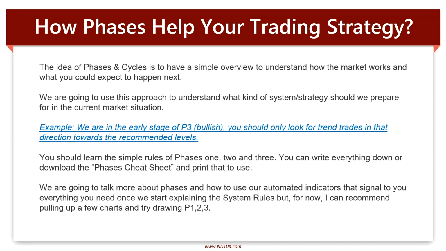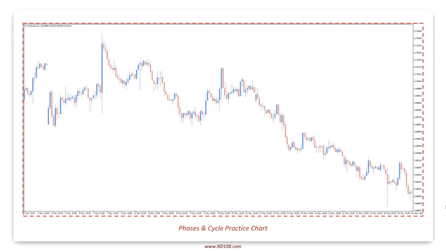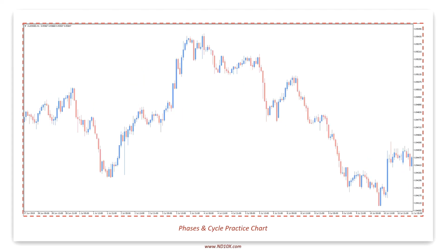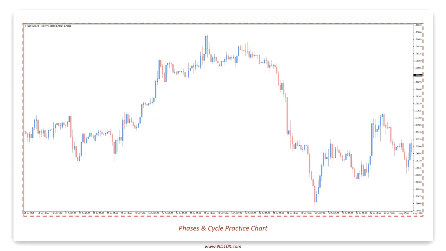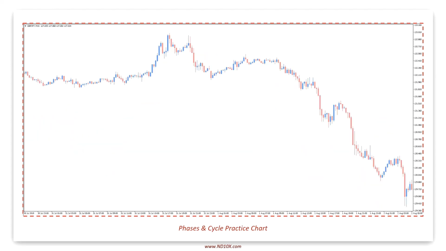But for now, I recommend pulling up a few charts and trying to draw phase 1, 2, and 3 manually. You can use these few charts and just try to find phase 1, 2, and 3 on them, or load any pair you want, any time frame you want, and just start practicing drawing that phase 1, 2, and 3.